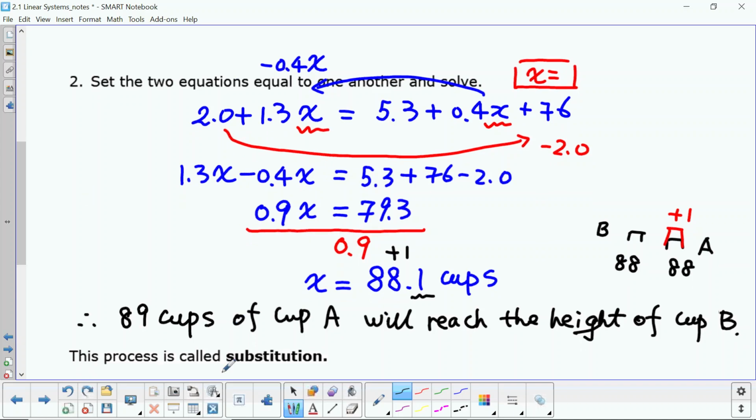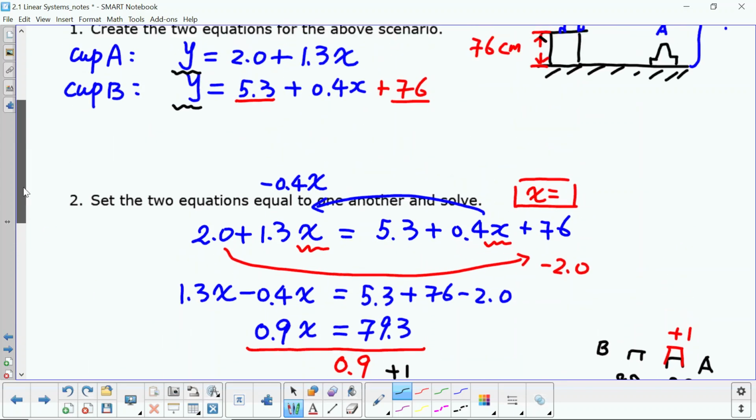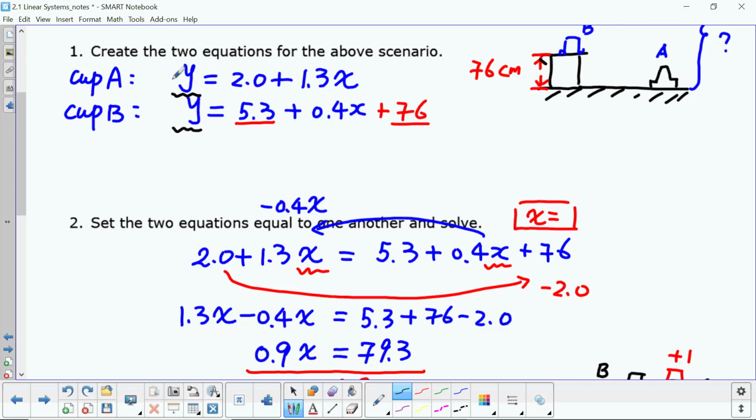And just now, what we did, we call it the substitution method. What does substitution mean? You will see we get rid of this y. So in future, how am I going to do it? You see, this is a y, and this y is equivalent to this side. What you are going to do is replace the y in the other equation with the equivalent stuff.